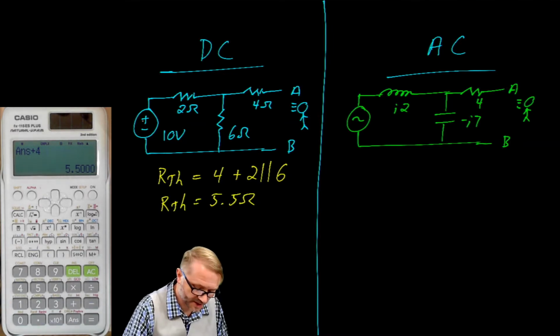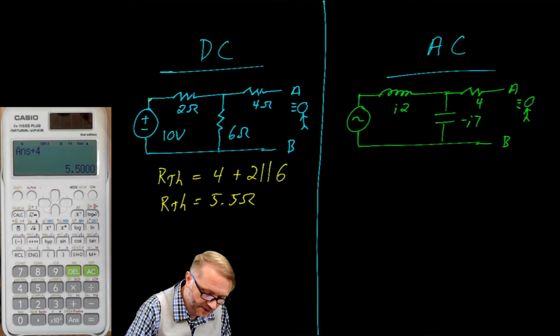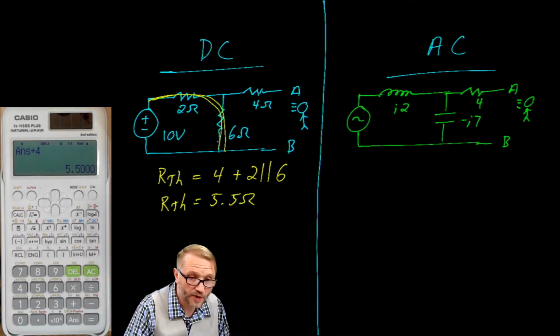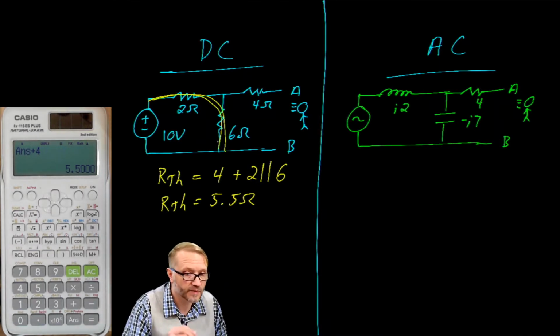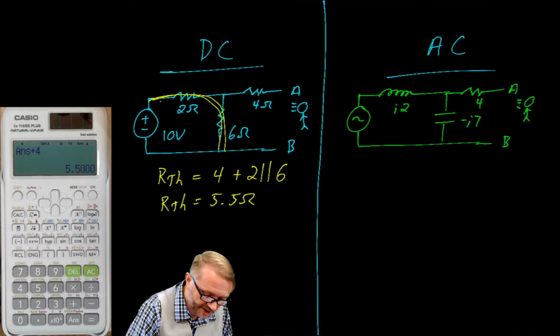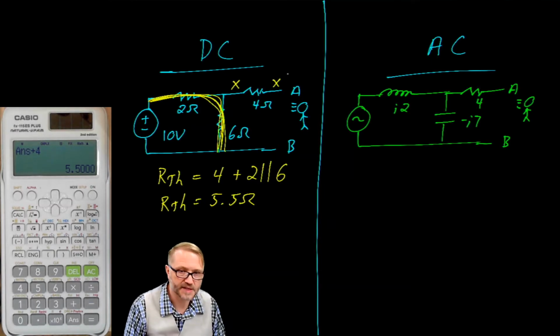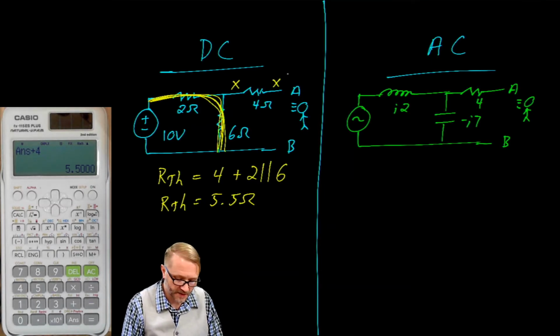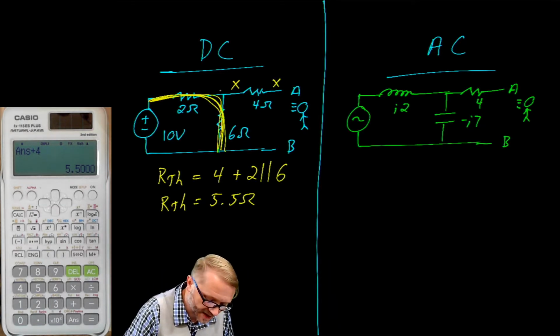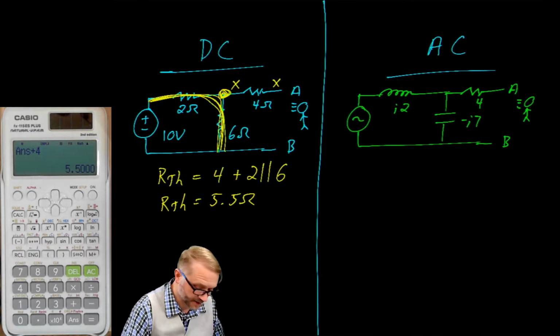At this point, we turn our source back on, and we use a voltage divider for this particular problem. For not all problems, but for this problem, we can use a voltage divider because the voltage here will be the same as the voltage there. So the no-load voltage makes the voltage on the output the same as it is here.